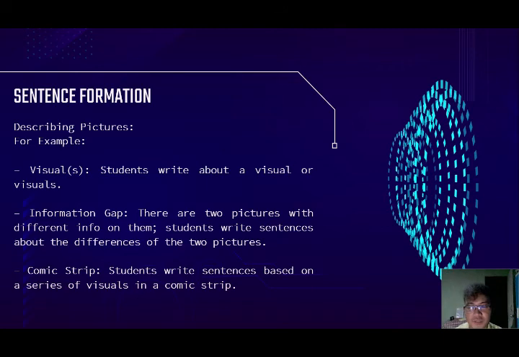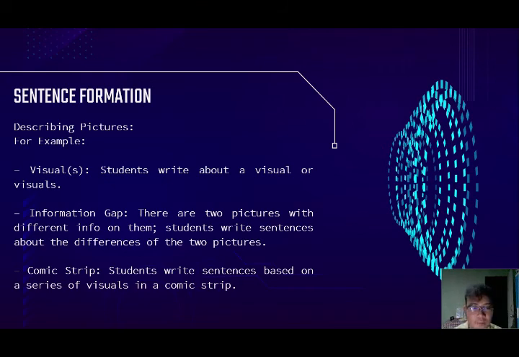For example, with subject-verb agreement, they're going to use the rules of subject-verb agreement in comparing the two pictures. Then the comic strip: the students will write sentences based on a series of visuals in a comic strip.